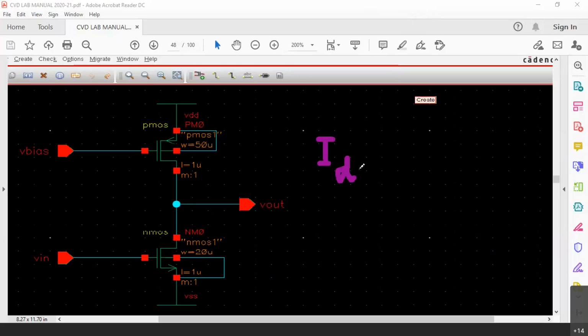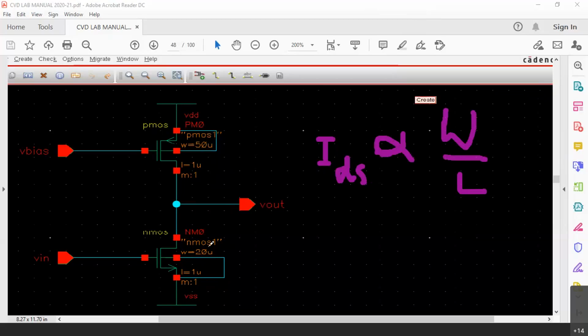IDS is proportional to W by L. IDS is equal to mu n into Cox into W by L into (Vgs minus Vt) whole square by 2 in the saturation region, right? So the drain current is proportional to width. It is inversely proportional to length. So we have made it proportional to width. That is why width is much larger. 20 micrometer and 50 micrometer, width is much larger.